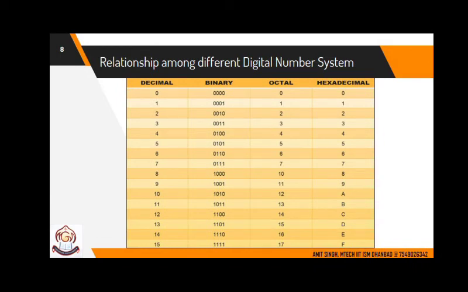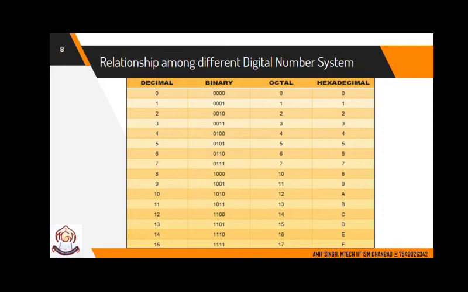Now on the screen you are seeing the relationship among different number systems. Starting from decimal number system where 0 is represented as 0, while in binary we are indicating 4 bits, and 0 in decimal number system is equivalent to 0 0 0 0 in binary number system. We will further see why there are 4 zeros in binary number.